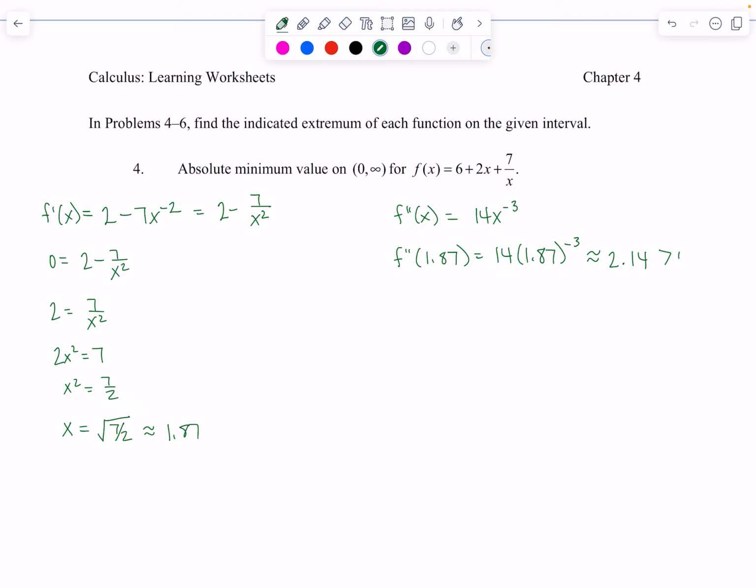This is positive, so we have an absolute minimum. And if we plug that into our function, we'll get 13.48 just about.